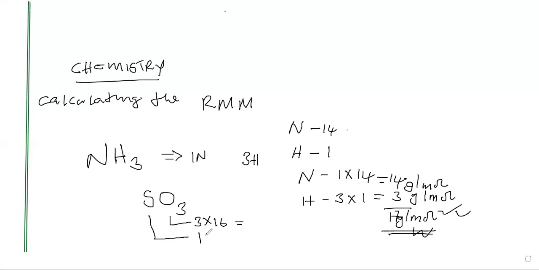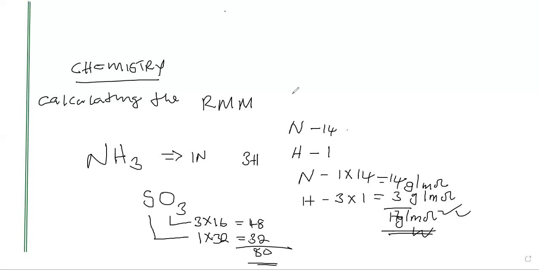How many sulfur do we have? 1 multiplied by the mass number for sulfur, which is 32. So 3 times 16 is 48, and 1 times 32 is 32. When we add 48 to that, we see 8 and 2 give us a 0. Then 4 plus 3 gives us a 7, plus the one that we had here, we get 8. So that is our final answer.